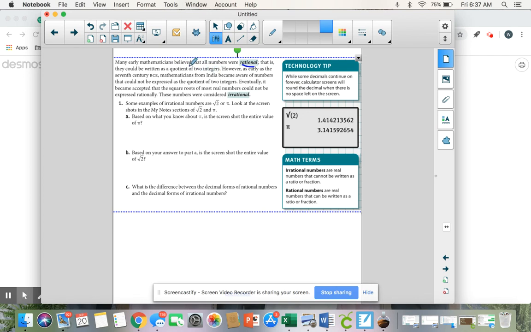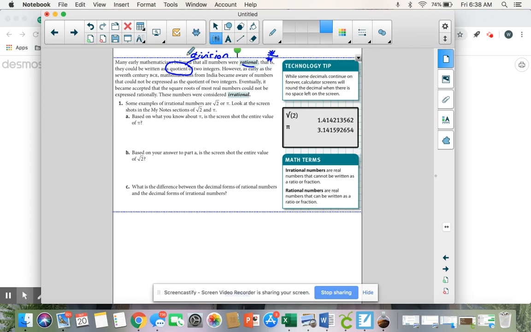Real quick, if I hear this term quotient, the operation in math that goes with it is division. You should write it in your textbooks. So the operation with quotient is division. It's division of two integers, so one number divided by the other number.